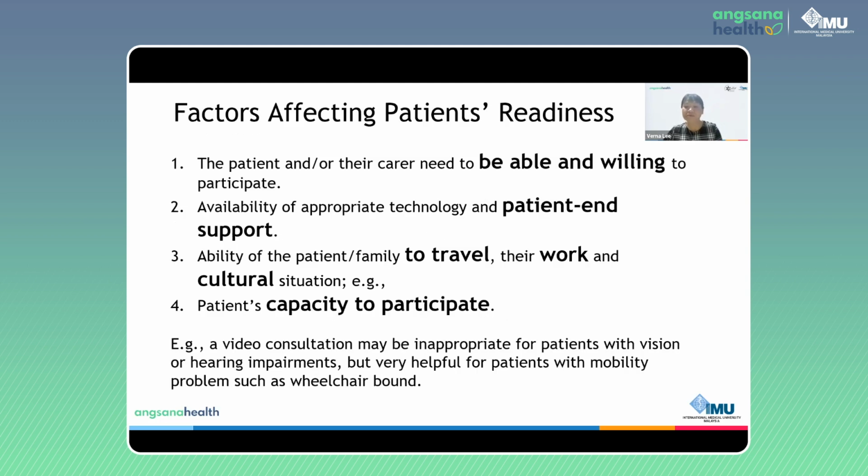The last principle in selecting patients is patient readiness. Some of the obvious factors are listed here. I think doctors know our patients well, so we need to assess if they are able and willing to do telehealth, and whether their house or workplace has appropriate hardware and software, and whether their circumstances allow them to travel.